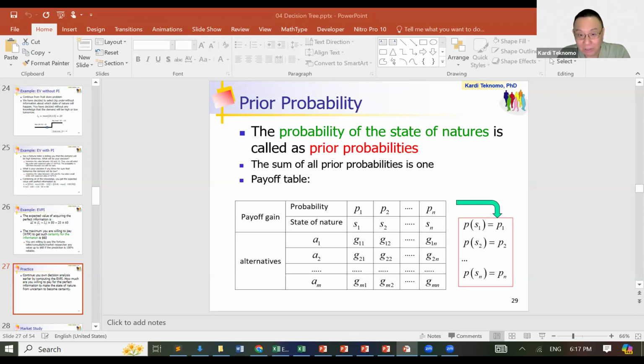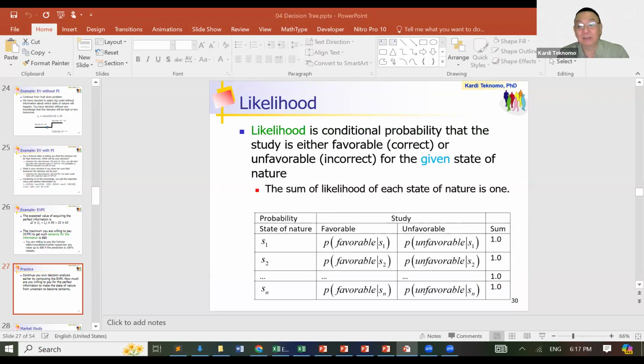That means if I put P1 here, P of S1 is equal to P1, probability of S2 equals P2, and so on. Of course, the sum must be 1. And then G here represents the gain payoff: G11, G12, and so on until GMN. M represents the number of alternatives, N represents the number of states of nature. Next.